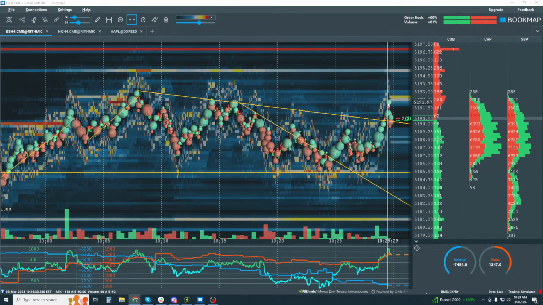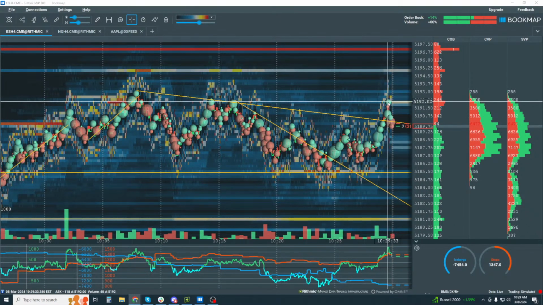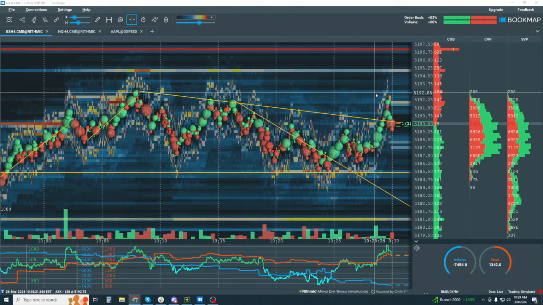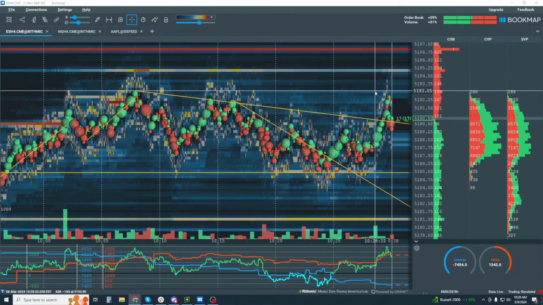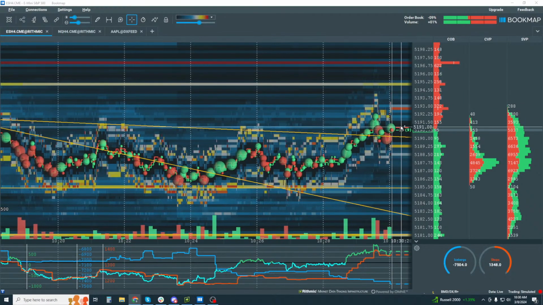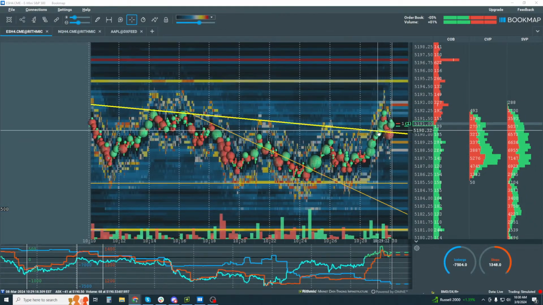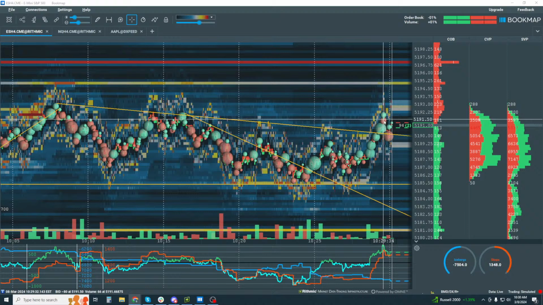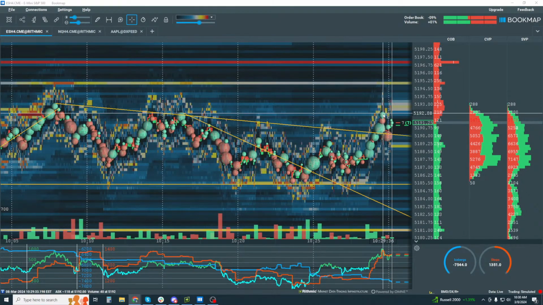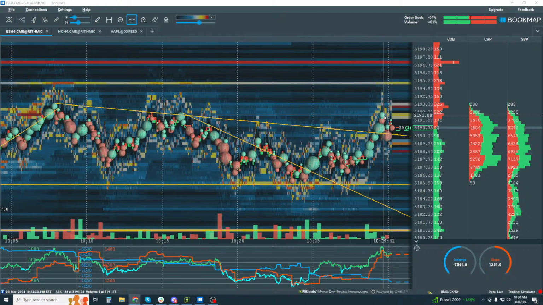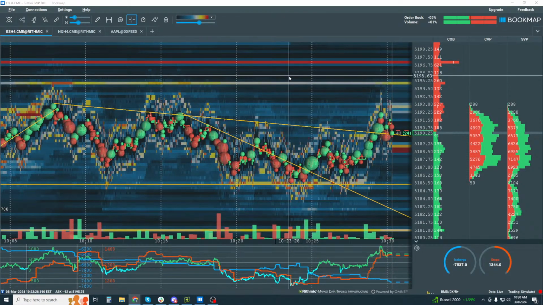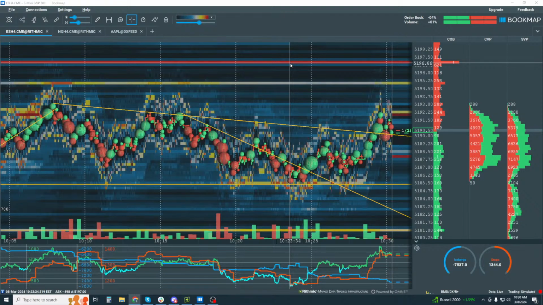Okay, now we got our move to 92. I would take some off up here, especially in hindsight now. And I may get back in if we see more buy volume. But in hindsight, which I didn't know at the time, look at how it kind of tapered off at the top. So I'm not finding the buyers up here looking for that bigger move at this time yet.